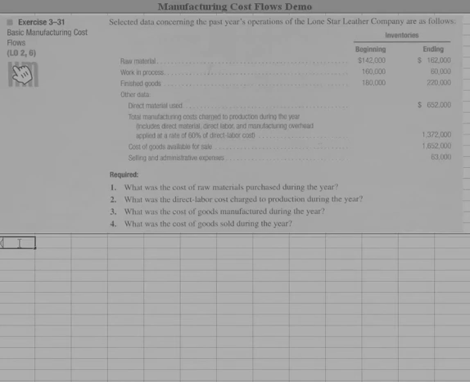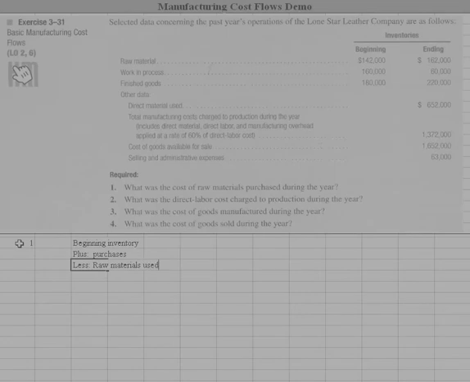So let's tackle the first one, which was what was the cost of raw materials purchased for the year. Well, how do we determine it? I like to use a very simple formula: beginning inventory plus purchases equals goods available, but I'm going to leave that off, and then we just deduct, or less, raw materials used.